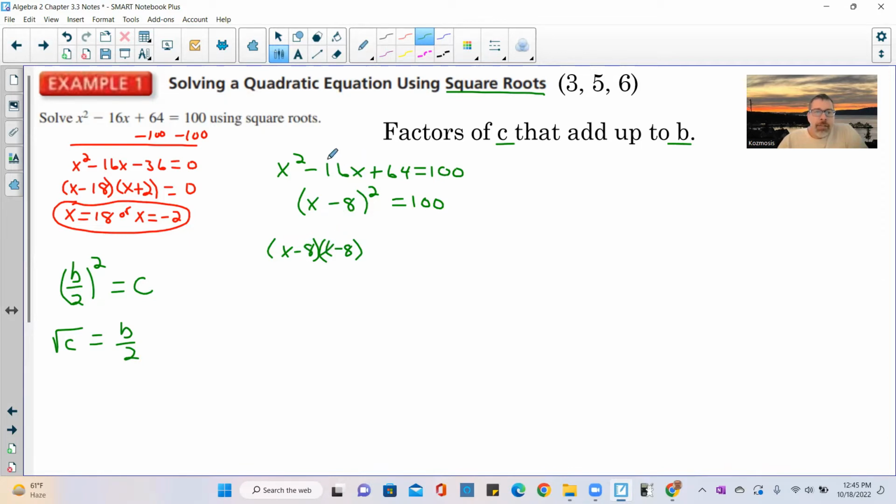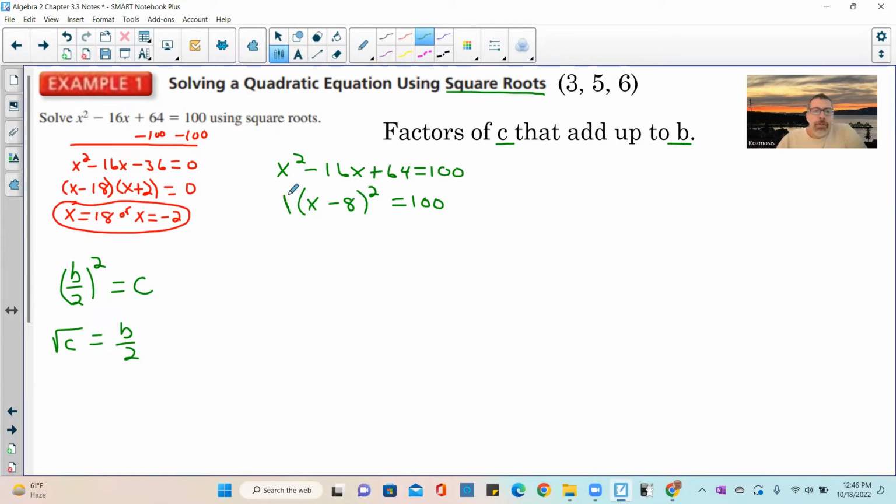That adds up to negative 16x. A negative times a negative is positive, and 8 times 8 is 64. So I found the perfect square to set equal to 100. So see if c is a perfect square, and if it is, double the square root and you should have b.